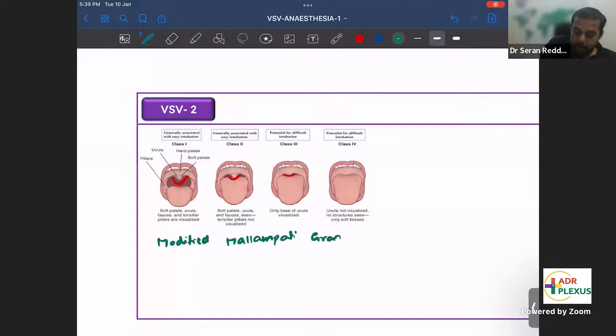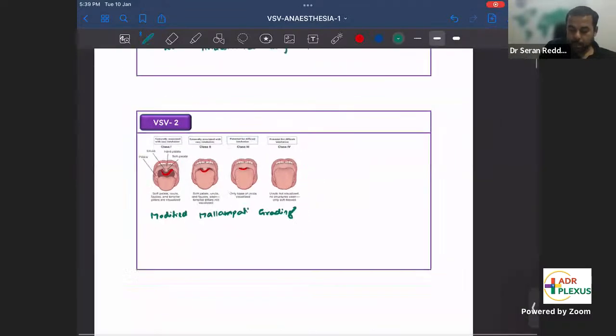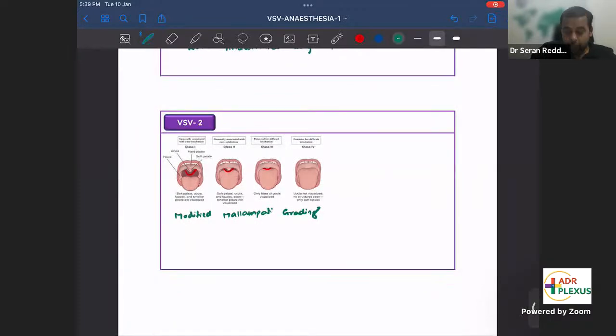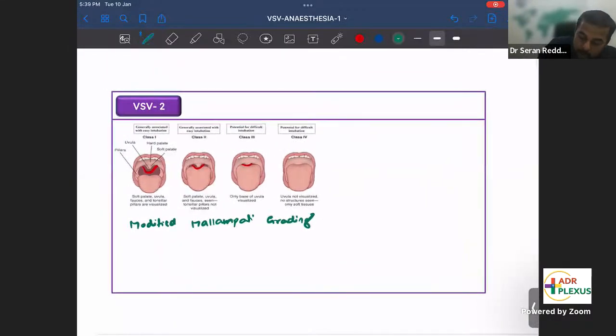Modified Mallampati grading has 4 scales: 1, 2, 3, and 4. 1 and 2 are easy intubation. 3 and 4 are difficult intubation.